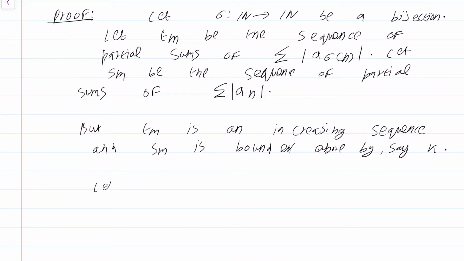Let L be equal to the maximum of sigma inverse 1 through sigma inverse m. What I am doing is looking at where the first m terms of the rearranged series are coming from in the original series.